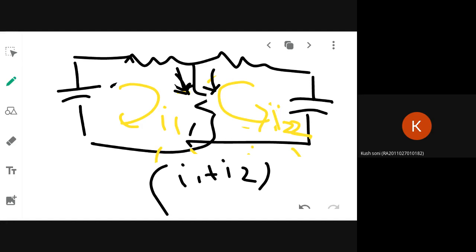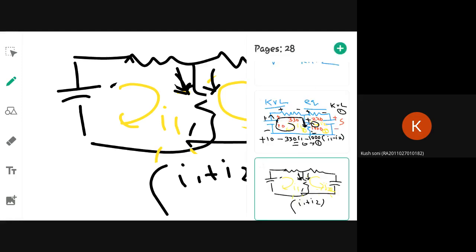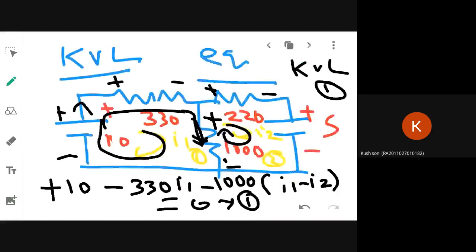Direct inspection matrix method is very easy. But while writing equations, if you change the current directions once, the answer will go wrong. So you have to clearly understand the sign convention and the current flow direction, and writing equations and giving signs. Understood? Now you simplify this equation further and tell me what is the simplified value. 10 is equal to 1330 I1 plus 1000 I2.